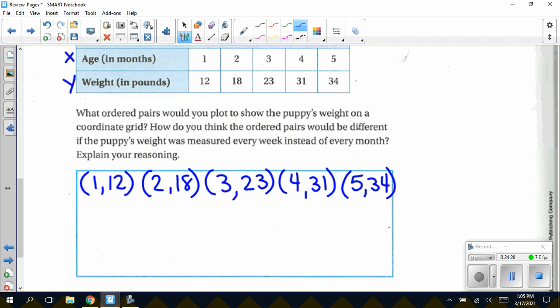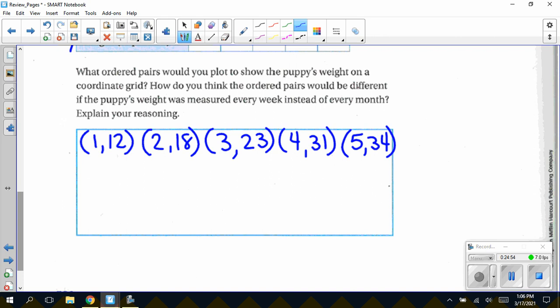The second part is asking, how do you think the ordered pairs would be different if the puppy's weight was measured every week instead of every month? Well, I know that if I'm measuring it every week, my weights aren't going to be as high, since I'm not measuring it monthly anymore. So obviously, if you wanted to have it out for 5 months old, I would have more ordered pairs.